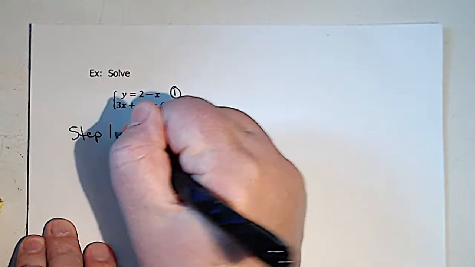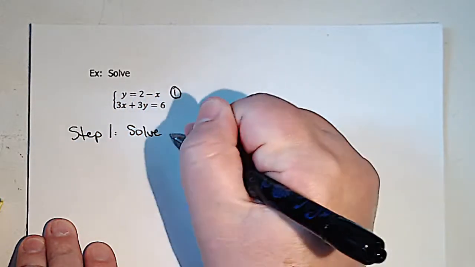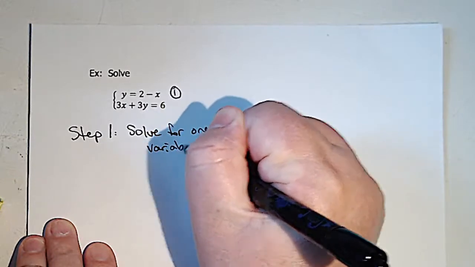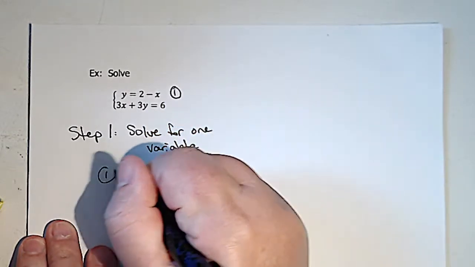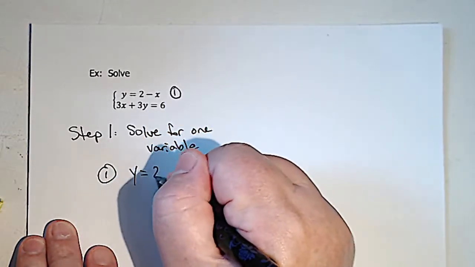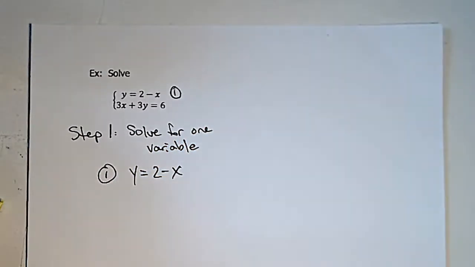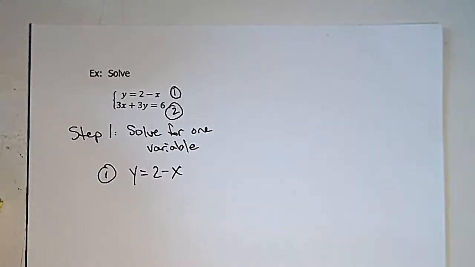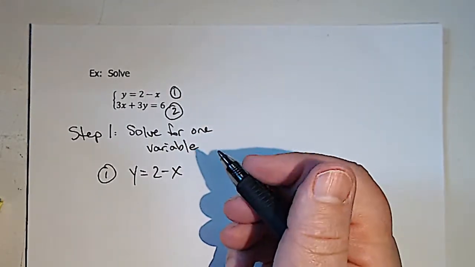So my first step: solve for one variable in one of the equations. Equation number one, y equals 2 minus x. I mean, the work's done for us. What could possibly go wrong? Oh no. Okay, so let's go ahead.